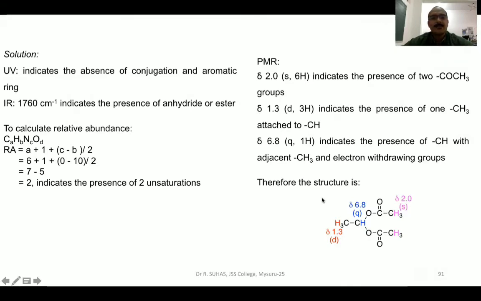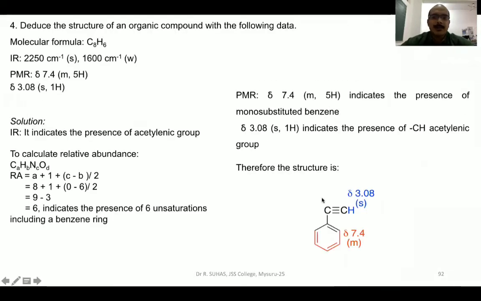Coming to problem number 4: deduce the structure of an organic compound with the following data. Molecular formula is C8H6. It clearly indicates that there could be an aromatic system. IR: 2250 cm⁻¹, 1600 cm⁻¹. 2250, as I already told in the beginning itself, is the characteristic feature of the acetylenic group.